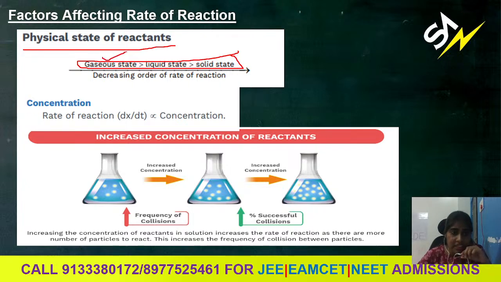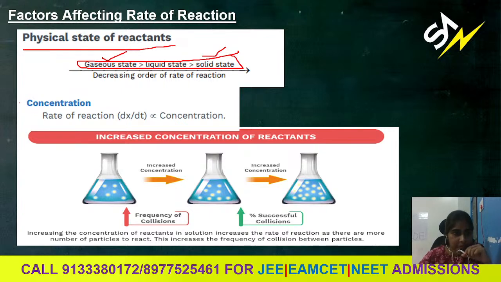In the gaseous state, the molecules can move freely and collide very easily, and they can give the product very easily. The rate of reaction in the gaseous state is more than in the liquid state, which is loosely packed, and in the solid state they are very closely packed, and it is tough for collisions to form. So the rate of reaction is slow in the solid state. This is the decreasing order of rate of reaction.